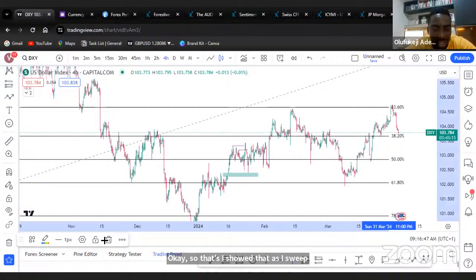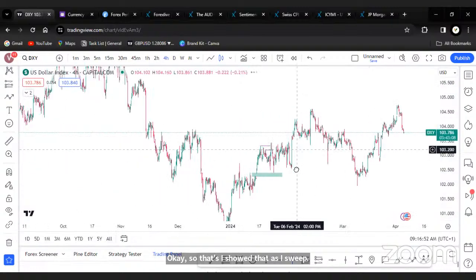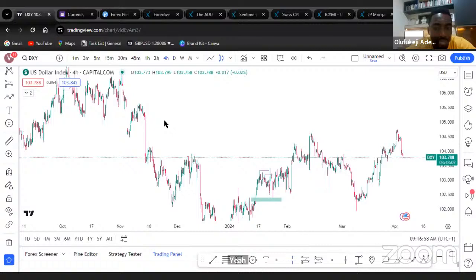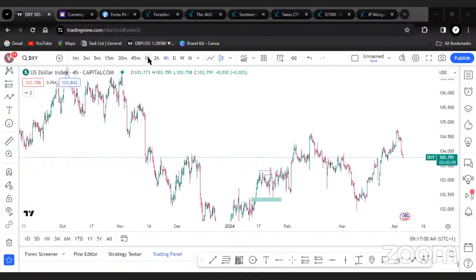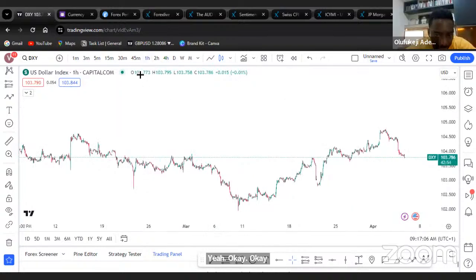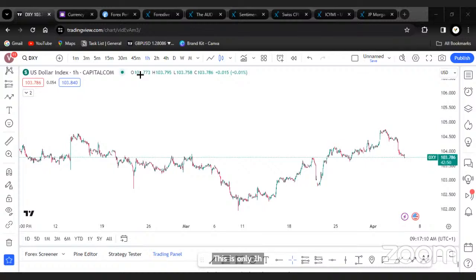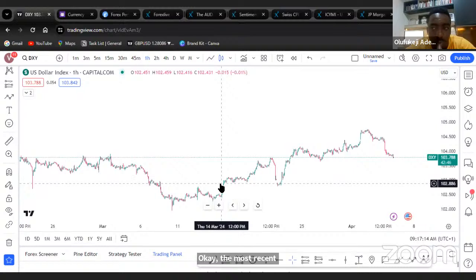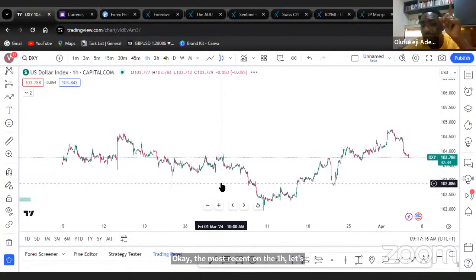Let's see it on the 1-hour. Okay. The most recent on the 1-hour, so mind you, price has tapped into a higher time frame fair value gap.